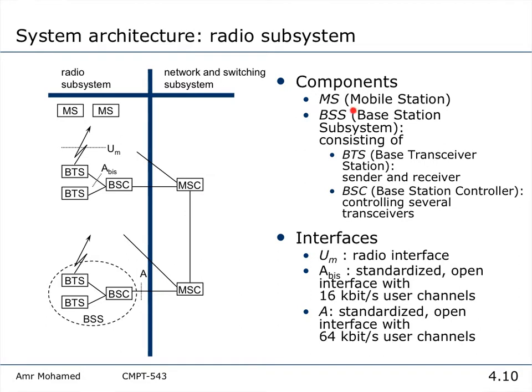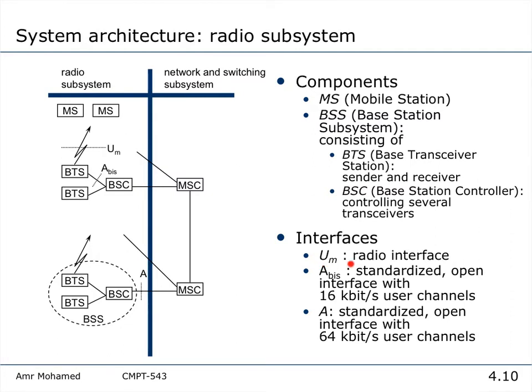So these are the components, which we talked about the functionality of each one of them, and these are the interfaces. As we go higher in the hierarchy, the data rates increase because you multiplex multiple data services into one big data service.